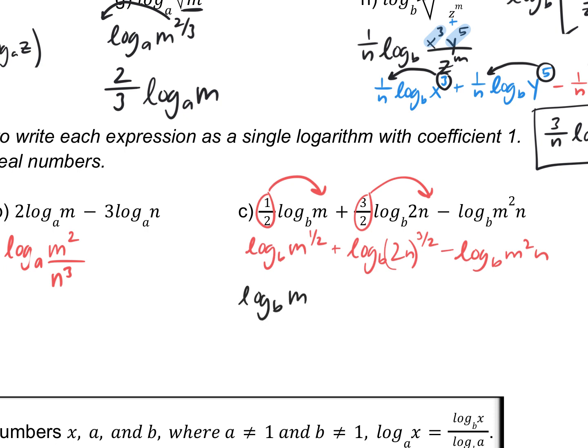Multiplication. Now, the important part here is that you have the 2n in parentheses because I'm multiplying that whole thing to the power of 3/2. And then subtraction, I'm going to divide everything by m squared n. And it doesn't say we need to simplify anything, so that's it. We're done. We wrote it as a single log, so we can move on.